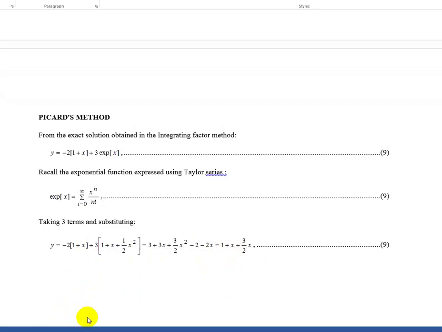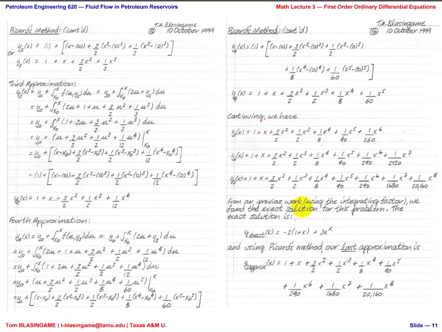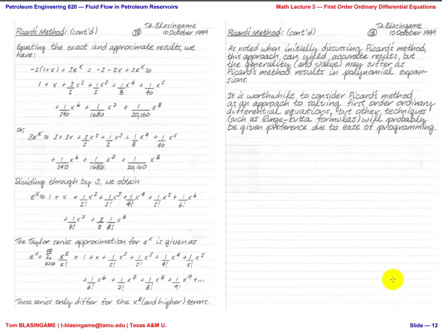Here, the last one that appears in the notes is until x to the power 8. The Taylor series approximation only differs for the 8th and higher terms.